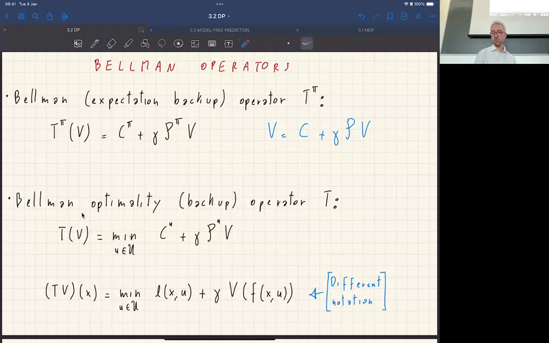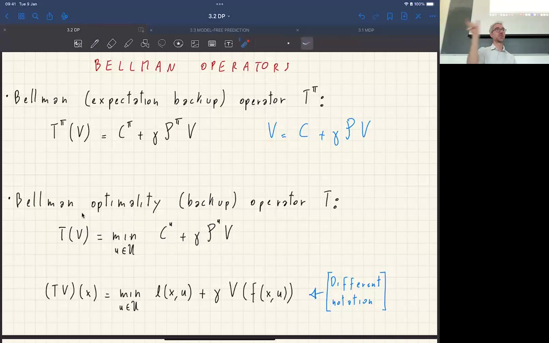In jargon, we say that the value function is a fixed point of this equation, because if you compute this for the value function, you get exactly the value function. If you do it for some other function, which is not the value function, you don't get the same output.